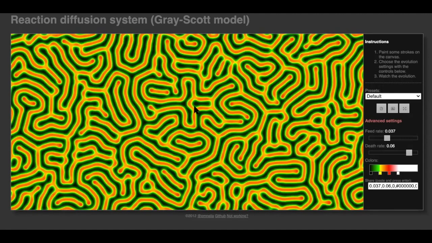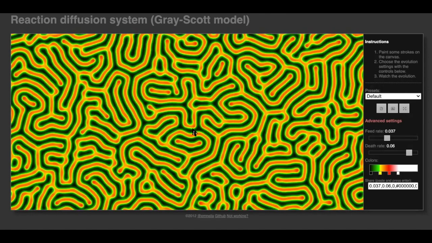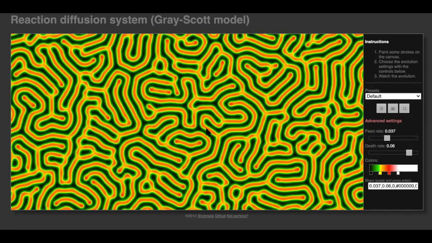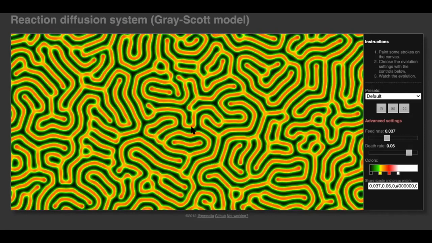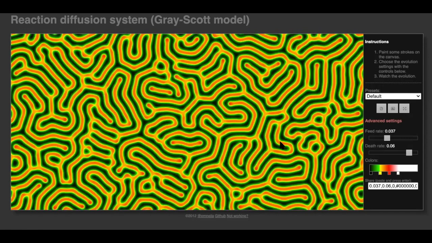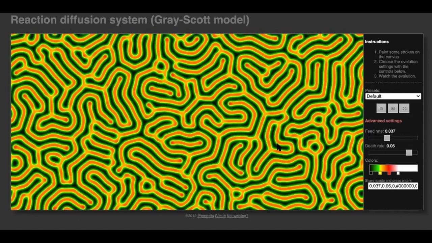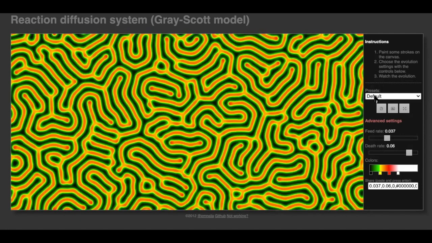So keep in mind that U and V would be small molecules that you would be unable to see, but these patterns might be on the micrometer to millimeter scale. So you can actually see them. So many patterns that occur in nature, for example, there are fish that have these kind of patterns on their outsides, which are a result of reaction networks that lead to these kind of patterns.